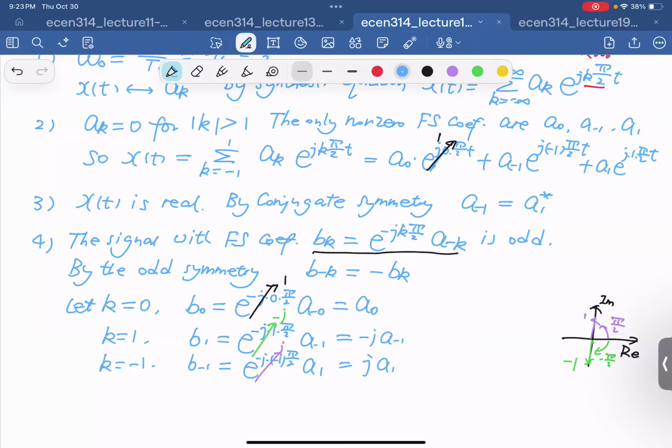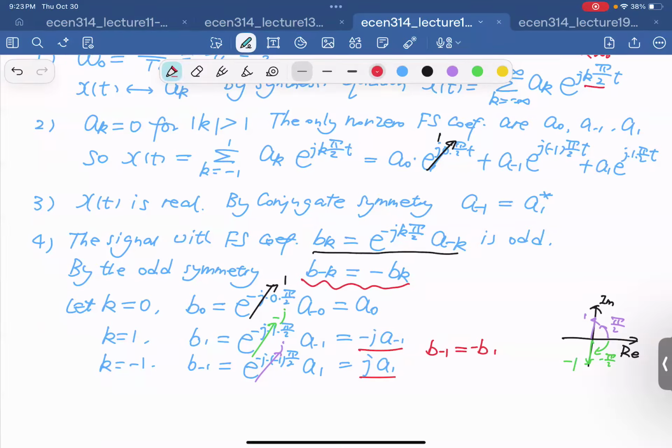However, we know more about it. We also know that b sub minus 1 should be equal to minus b sub 1. Okay? If we plug in the expressions of b sub 1 and b sub minus 1, what do we end up finding?